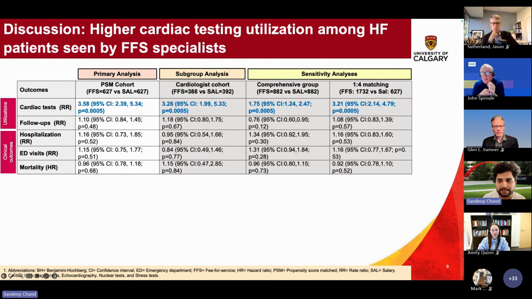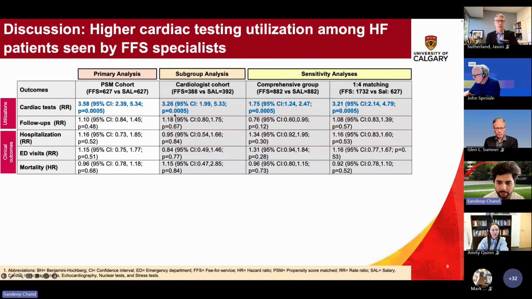So why more testing? First, how solid is this finding? This table runs the same comparison in different ways: our matched group, a cardiologist cohort, a broader cohort, and a version matching fee-for-service patients to each salaried patient. Read across the top rows. Each column shows significantly more cardiac testing in the fee-for-service group, between roughly 1.75 times and 3.5 times.